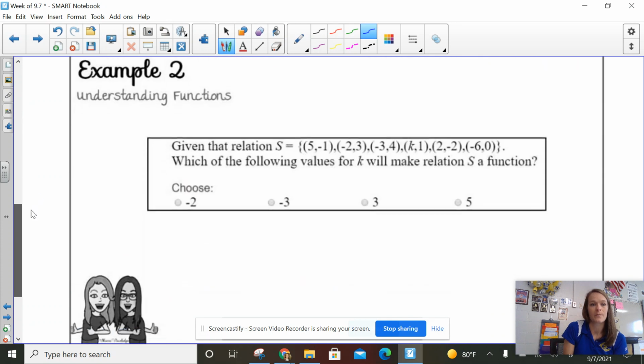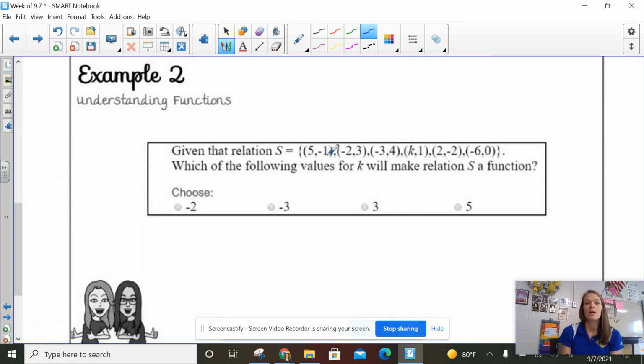Okay, and then this one. So when you're looking here, it gives you this relation. I have these different sets of points, and it wants to know which of the values of k will make this a function. So I'm looking here, and I want to know which of these numbers would make this a function. Remembering your x values cannot repeat.